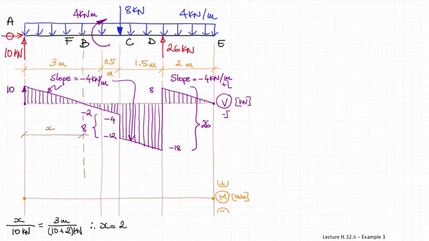And therefore x will be equal to 2.5 meters. Nice value, 2.5 meters from A to F. So now we can start constructing the bending moment diagram.